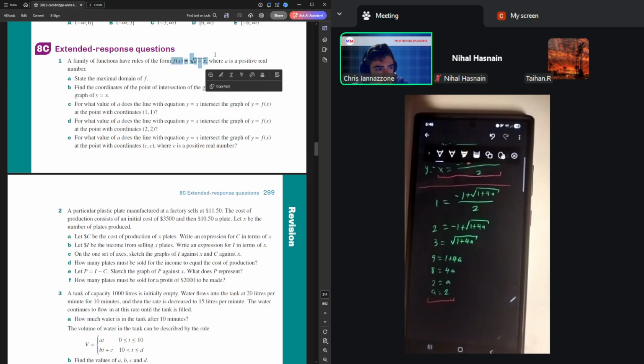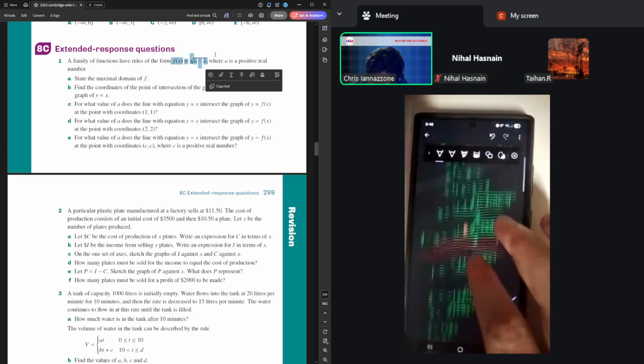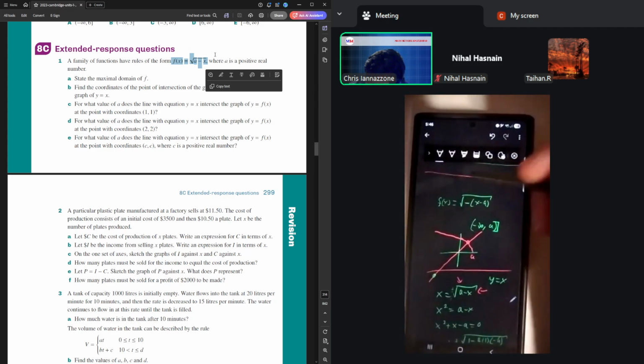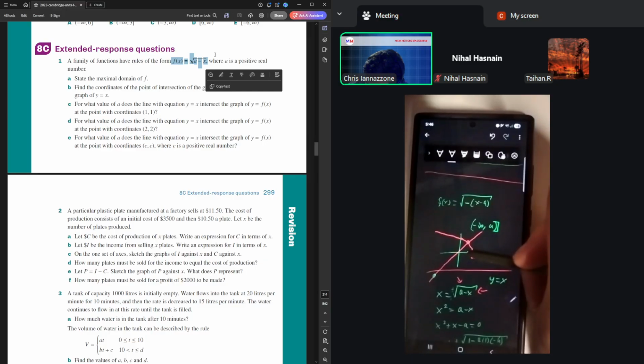Yeah, okay. Because if it's intersecting at 1, 1, then you know the x coordinate's going to be 1, so it's minusing 1.